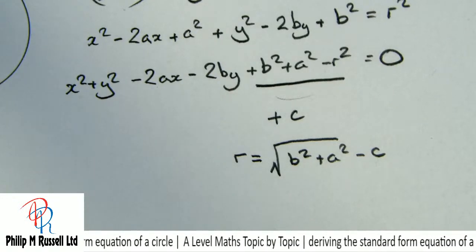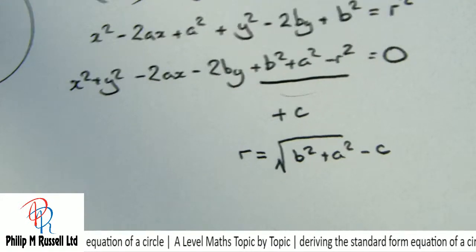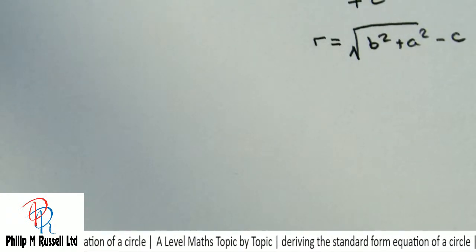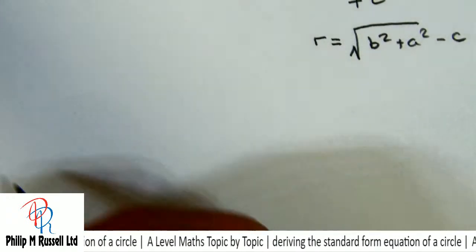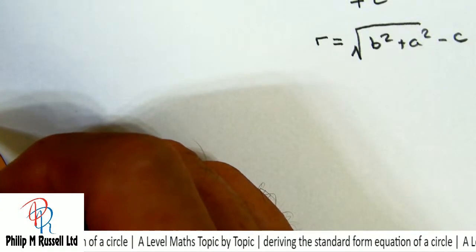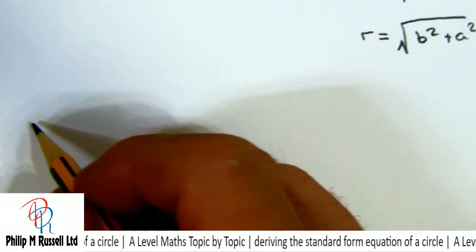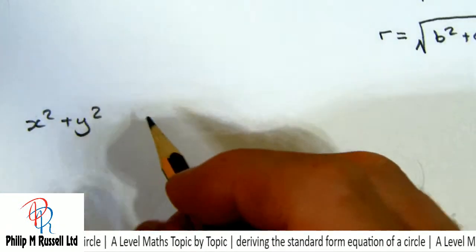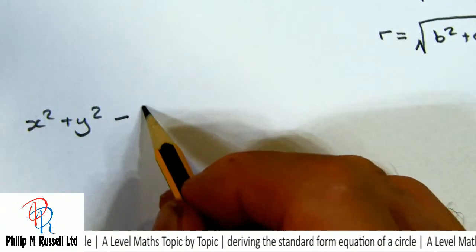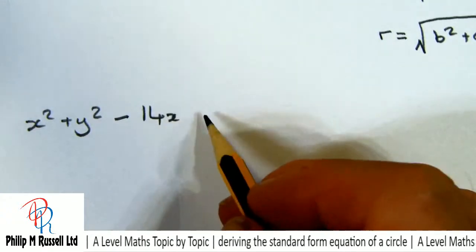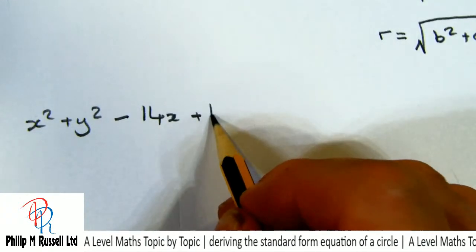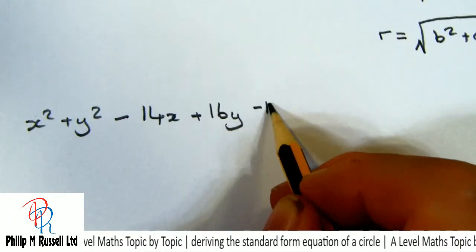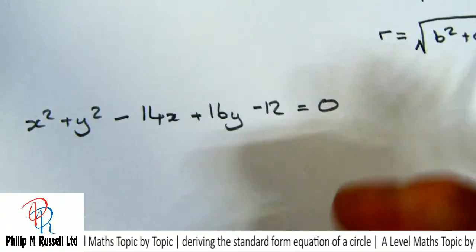So let's suppose I'm given an equation to try and work out. Let's have an equation of a circle: x squared plus y squared minus 14x plus 16y minus 12 equals 0.